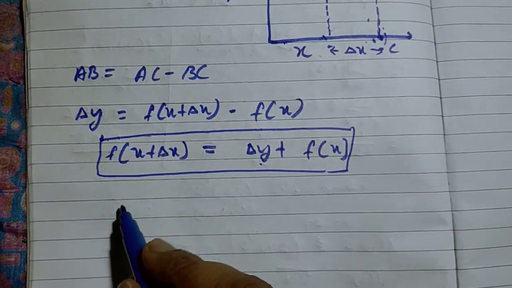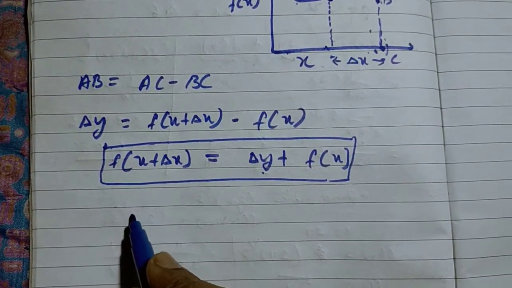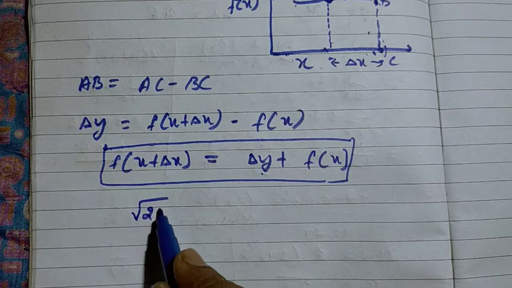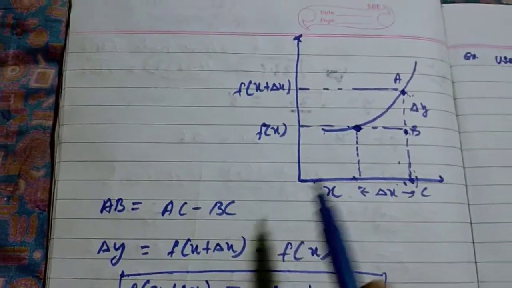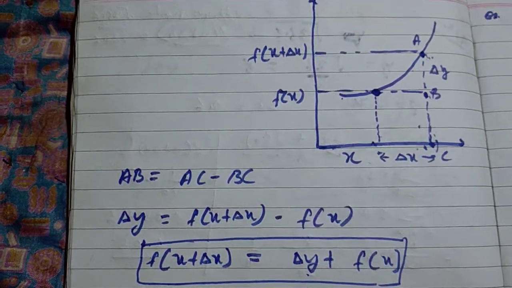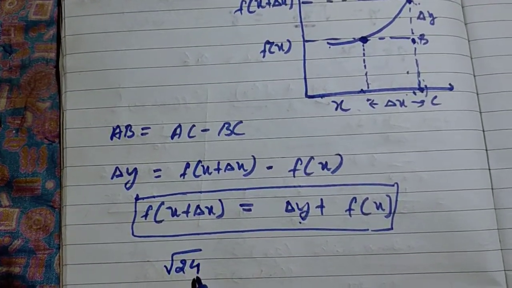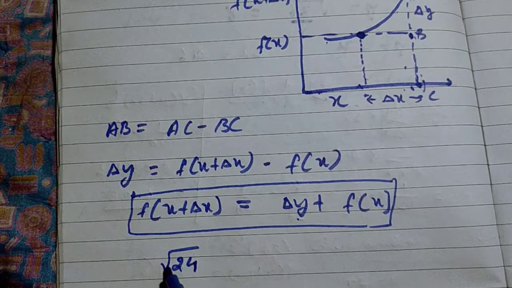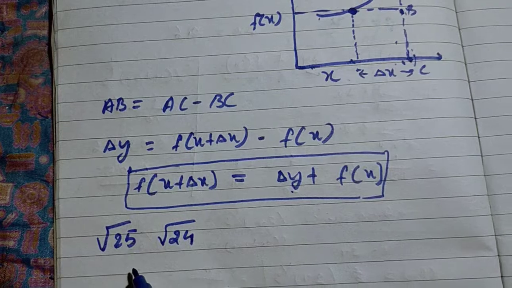For example, if we have to find under root 24. First of all, understand why this approximation is used here. See, if we have to find under root 25, easily we can find.